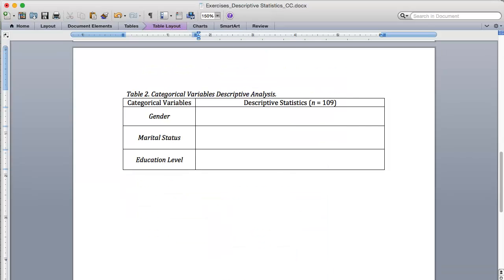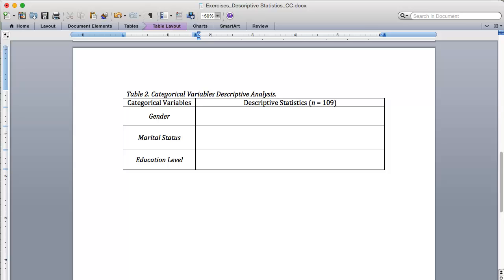So using shape, center, and spread, our histograms, our z-scores to check for outliers, our mean, median, standard deviation, all of those descriptive statistics are great for quantitative data, but categorical data, we have a different way of doing the descriptive analysis because the data type is different.